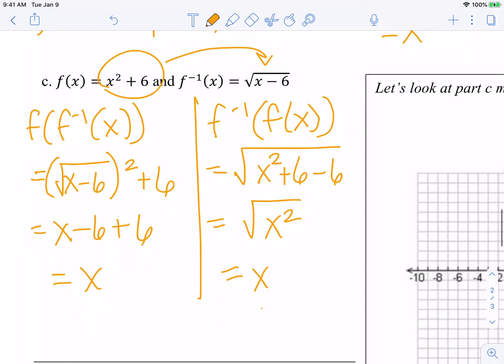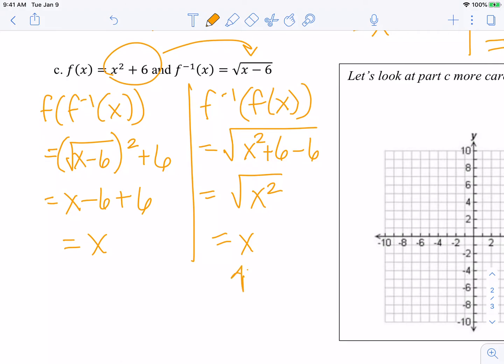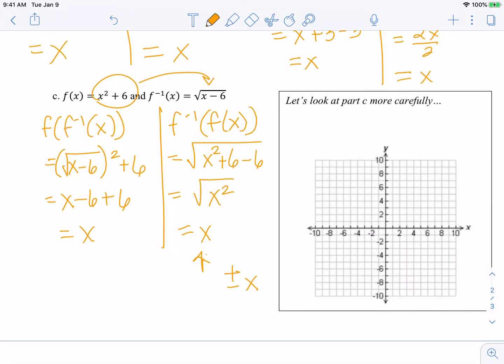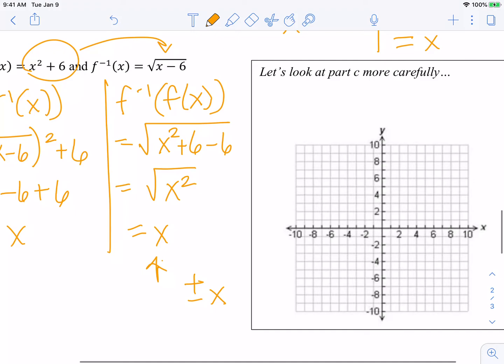Okay, and you may notice right here, this was really plus or minus x, right? So we're going to look at that graph, because you do have to be careful with parabolas. The original function was x squared plus 6. We just showed by definition, and this is just a general sketch, that those were indeed compositions, because when you plugged one into the other, everything canceled and you had x.